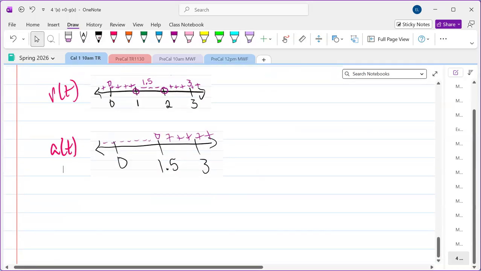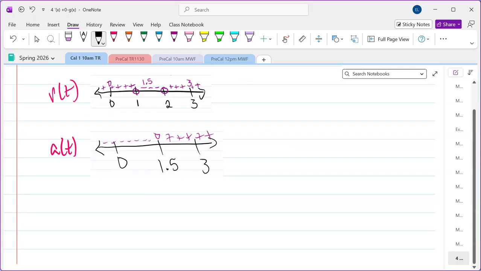Now, on the test, you don't have to answer the overall intervals. It'll just be like, what's it doing at 2.5? So at 2.5, you can figure out the velocity by plugging in the number. It's positive. Acceleration at 2.5, you can plug it in. It's positive. They're in the same direction, so it's speeding up.